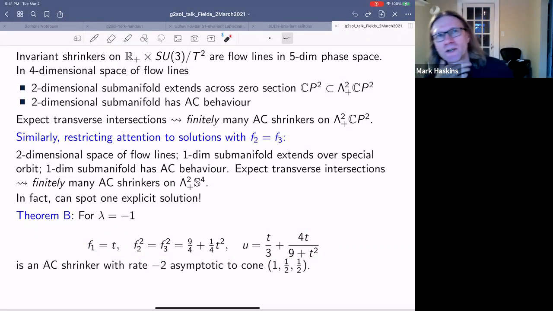So I guess fundamentally the difference between the two cases is the sign of lambda doesn't make any difference when you try to understand what happens near the singular orbit.